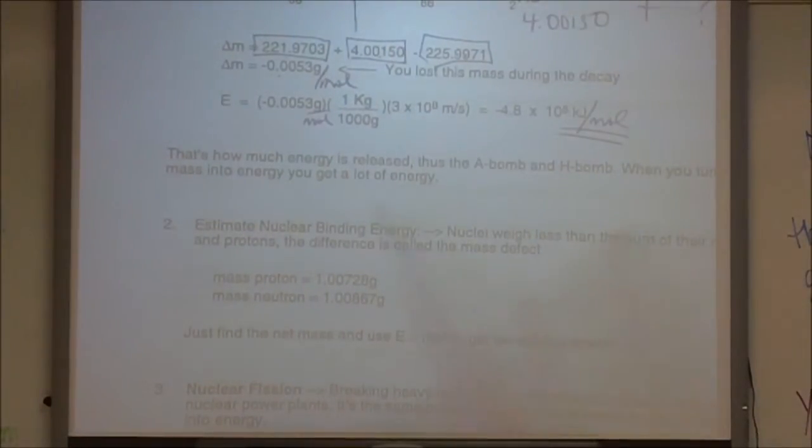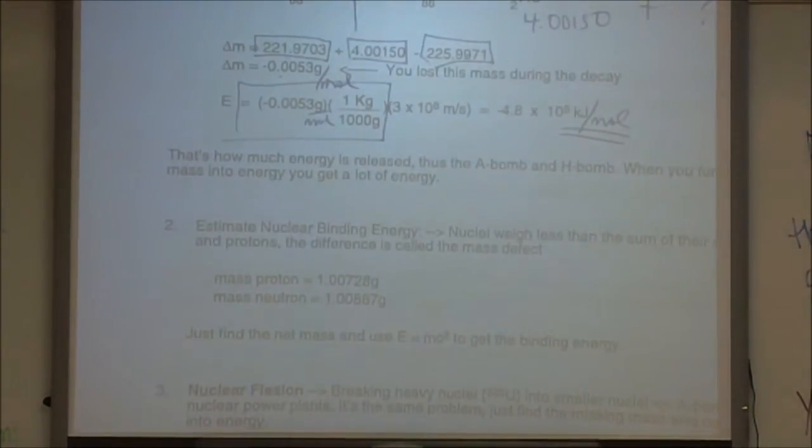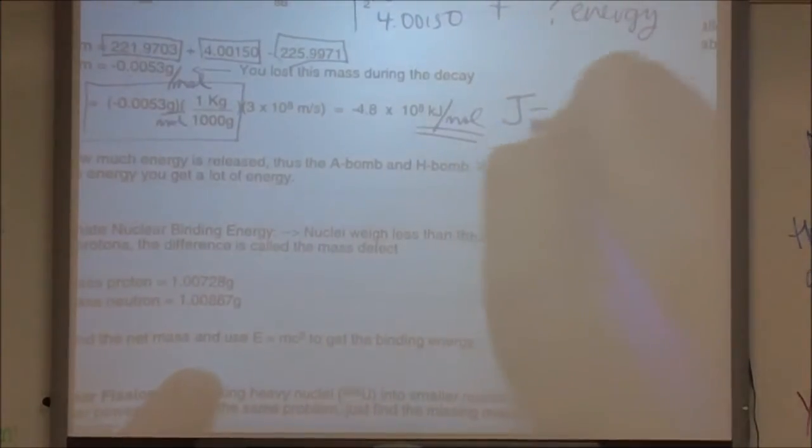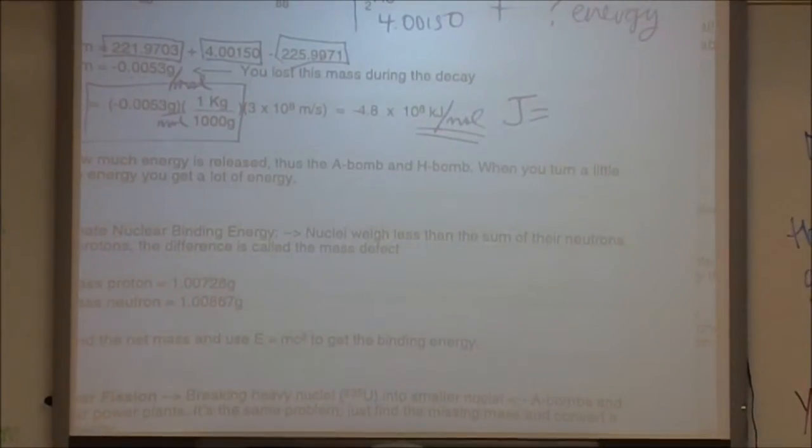Kilojoules per mole. So one thing that I want to point out, when you are using the theory of relativity, you have got to convert your mass to kilograms. Can anybody tell me why? Because that's how joules are measured. Tell me the units on a joule. Somebody. Y'all are in physics. If I go tell on you, Mr. Sage is going to beat you guys with a stick. Kilogram, meters, with a meter stick, exactly.